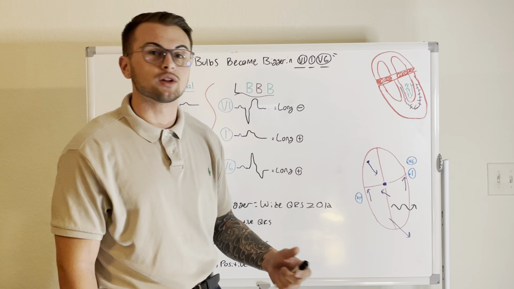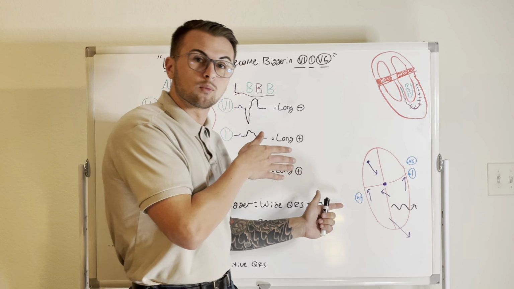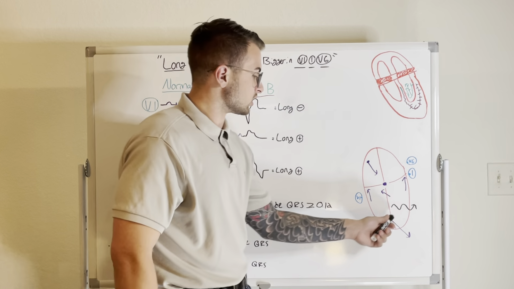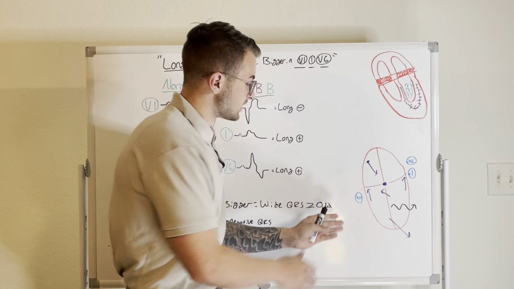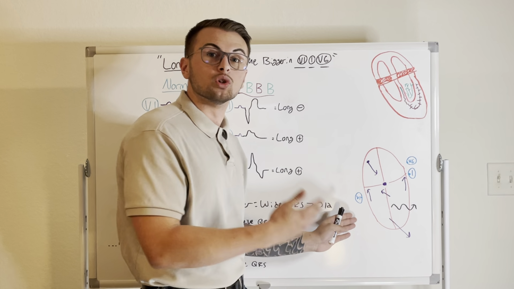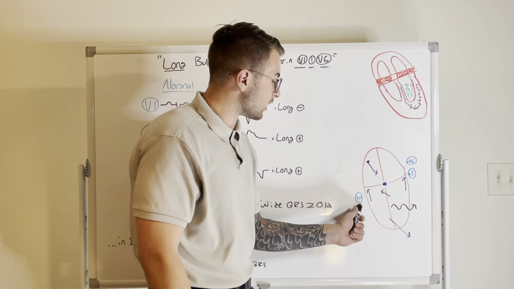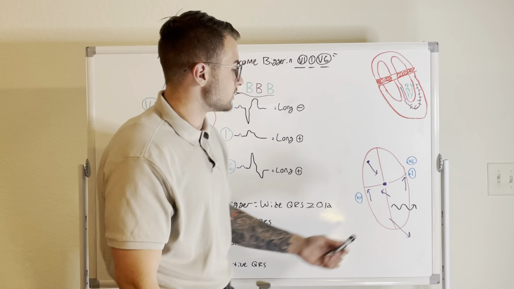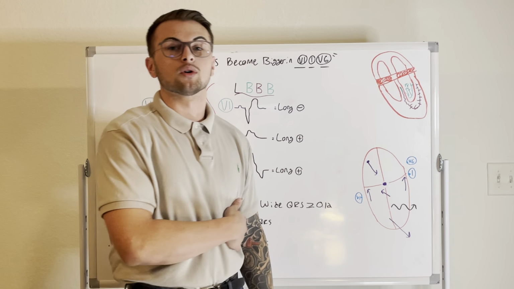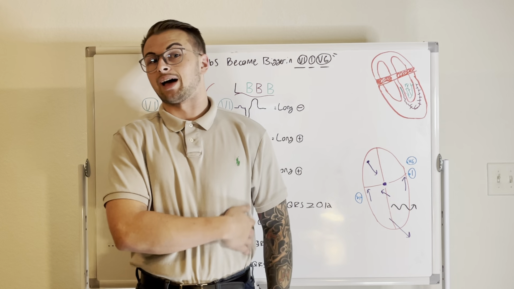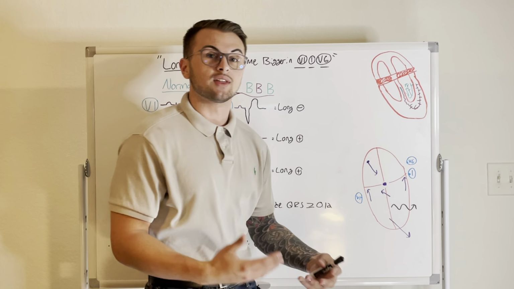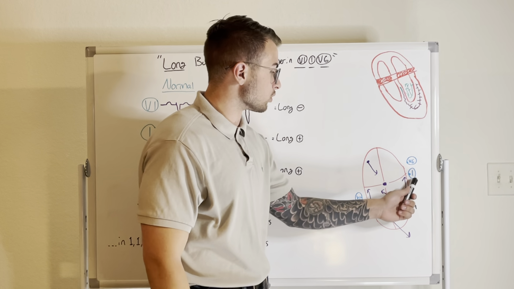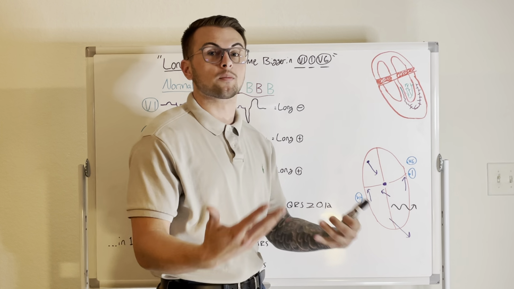We already know that our lead V1 is looking more at the right side of our heart, so it should be no surprise that this leftward depolarization heading away from V1 will look more negative, since it's headed away from our lead. We also remember that leads 1 and V6 are more on the left side of the heart, more lateral, so it will be no surprise that this leftward depolarization vector heading towards leads 1 and V6 will appear more positive.